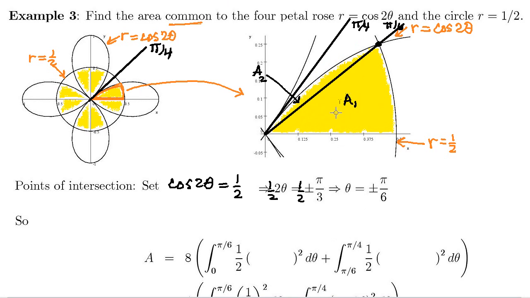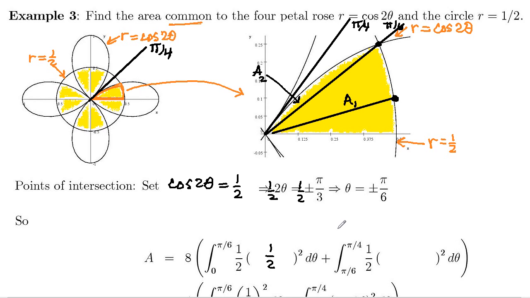So let's consider area 1 first. So if we draw a general radial segment there, the endpoint of that segment is on r equals 1/2. So we're going to integrate, remember our area formula is the integral of 1/2 r squared d theta. So 0 to pi over 6, 1/2, and our radius is also 1/2.